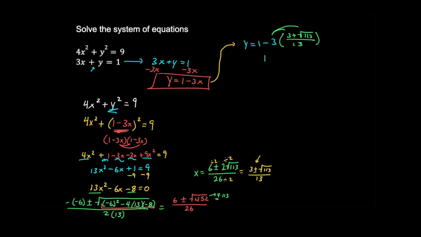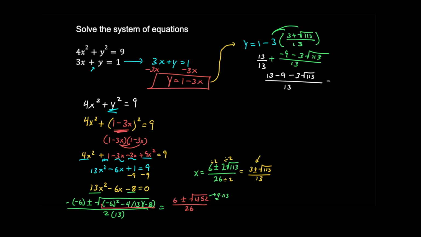So we'll have 1 plus, on top of the fraction, negative 9 minus 3 radical 113 over 13. And then we'll change the 1 into something with a common denominator. So it will become 13 over 13. This way we can write things as a single fraction of 13 minus 9 minus 3 radical 113 over the common denominator 13.